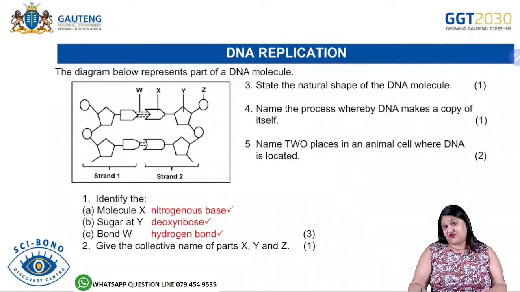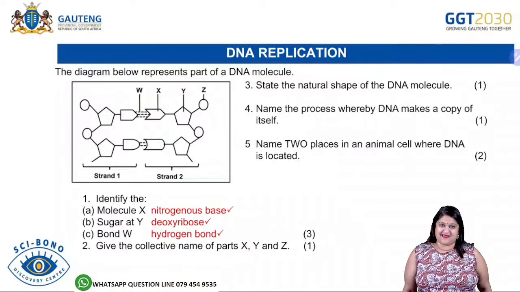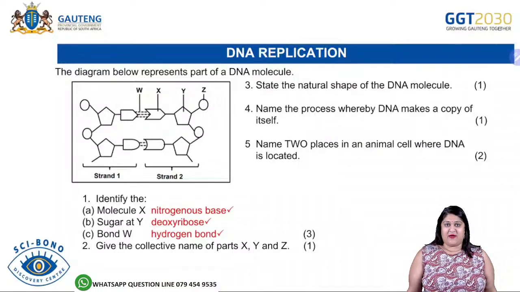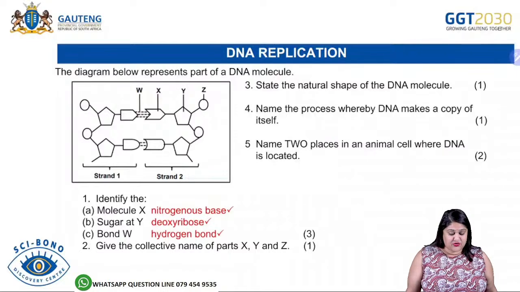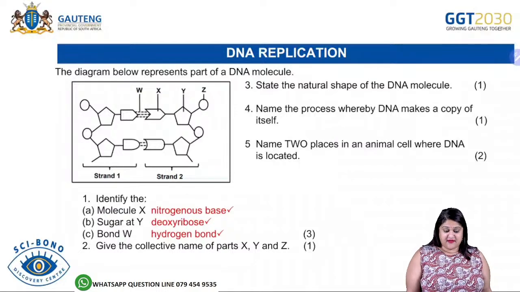So they're nice enough to tell us that it's DNA. Okay, they could have just said it's a nucleic acid and you would have had to think for yourself that it is DNA. But let's just think about it quickly. If they had said the diagram below represents part of a nucleic acid, and they don't tell you that it's DNA, what would be the indicators to you that this is DNA? So firstly, it is double-stranded.